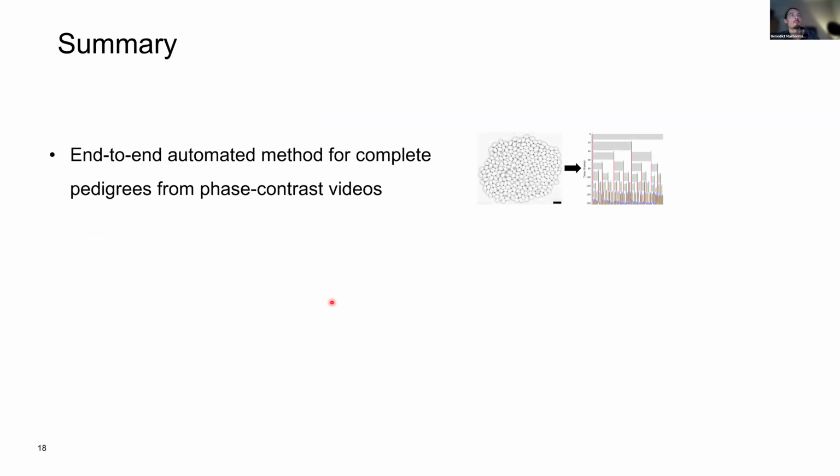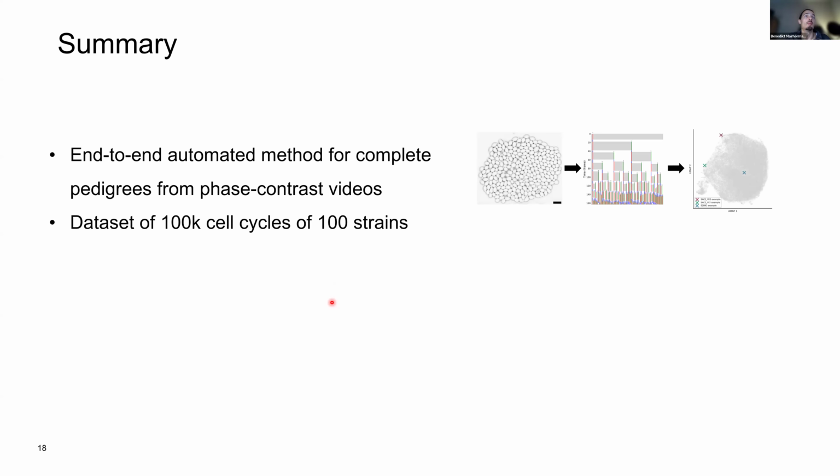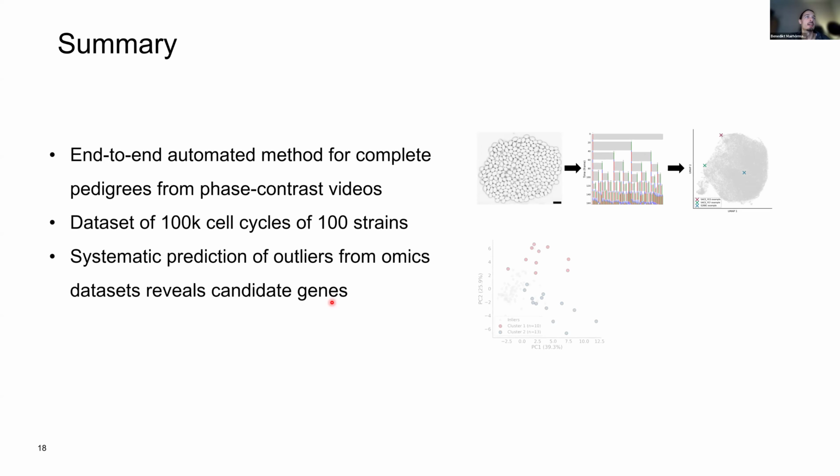So yeah, let me summarize once more. We developed an end-to-end method to automate this process to get pedigrees out of videos. With this, we generated a quite large data set of 100,000 cell cycles of roughly 100 different strains. And now we try to systematically analyze this by predicting outliers from omics data.